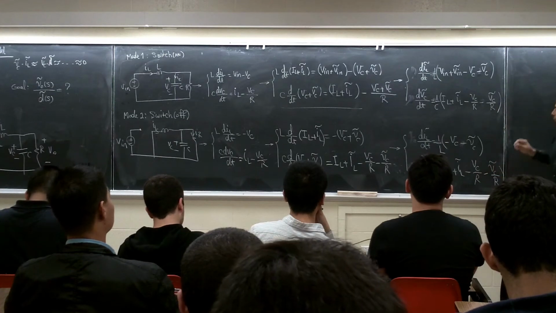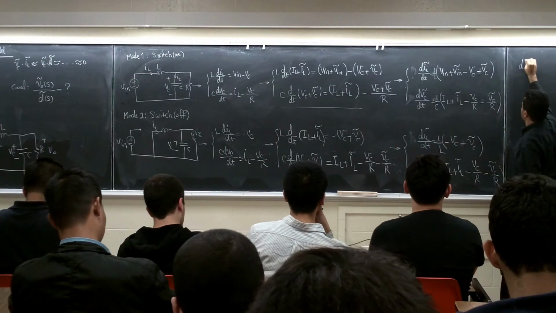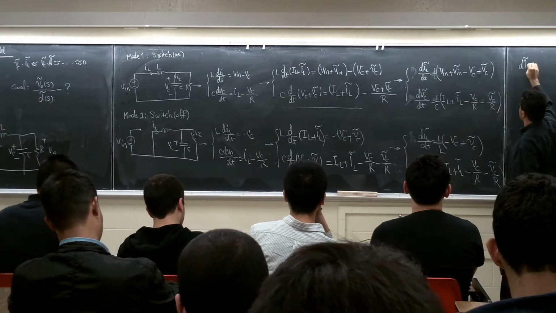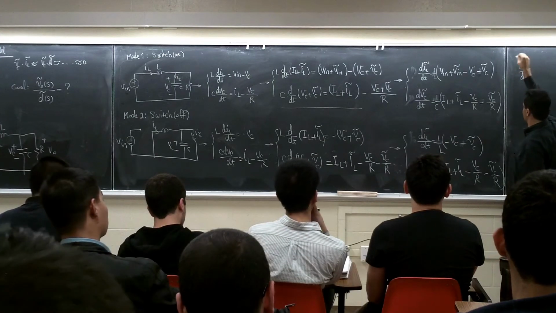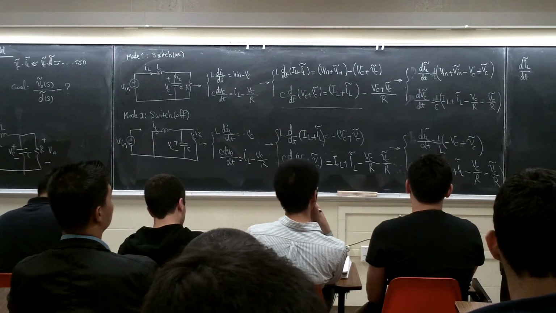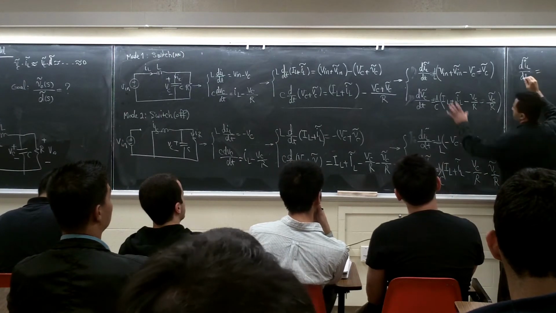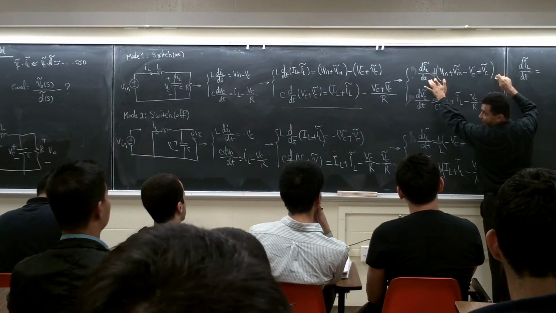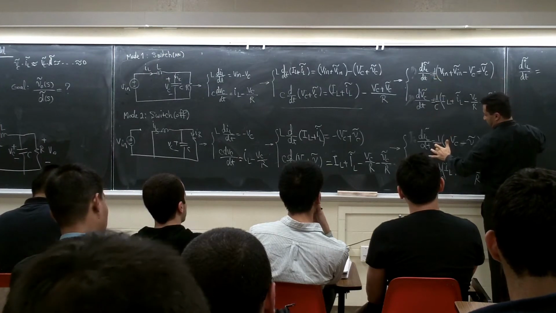Let's start with dIL over dt. So d I tilde over dt, actually I should put a kind of bar over this one, but I'm not going to use two notations. So it's going to be d times this, plus 1 minus d times this.